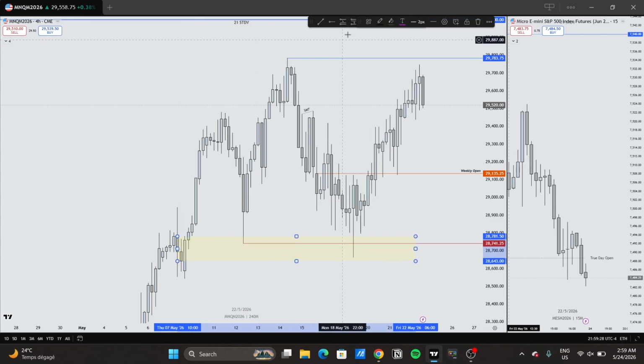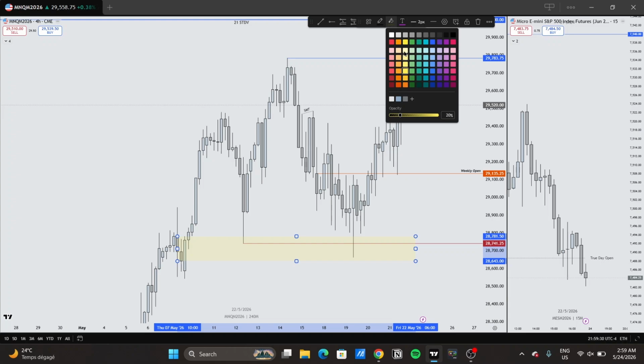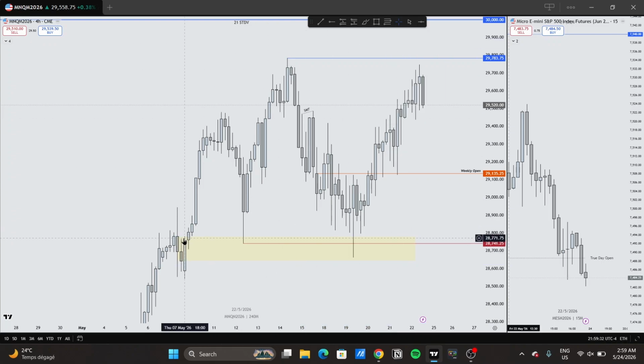As you can see here, I'm marking the body of this order block in the yellow color. This is a 4-hour order block where we tapped the first time. This one doesn't count because we still didn't close above the wick of the order block. So as you can see here, this is the closure.